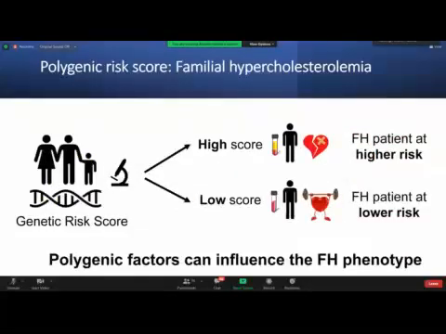So for example, polygenic risk scores for familial hypercholesterolemia. When you have the polygenic score, and if you have a high score, it means you are at risk, and plus you can actually add the environmental, you can actually lower the score by changing your dietary habits and these things.